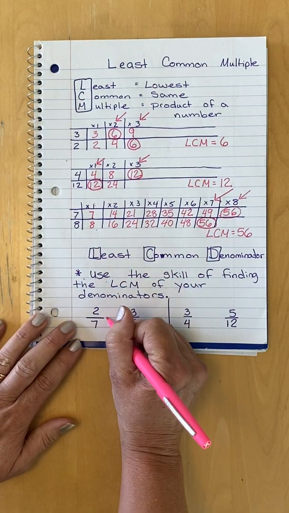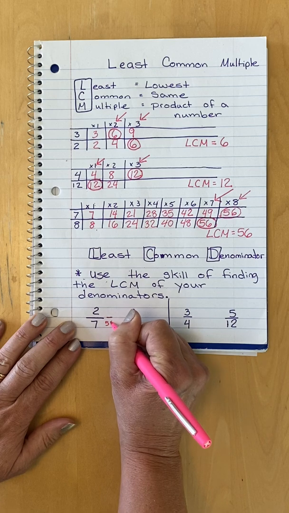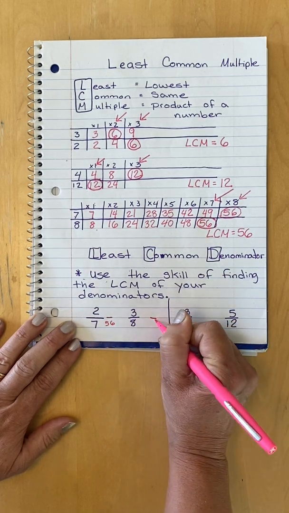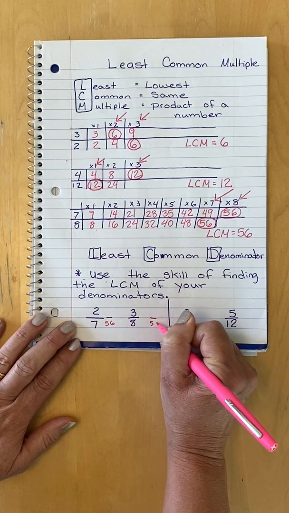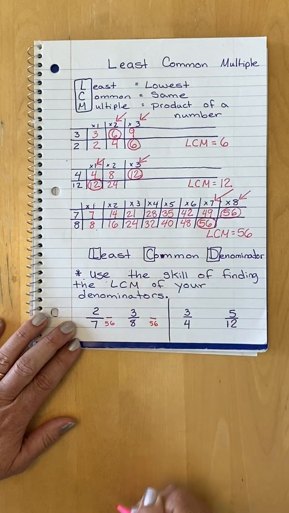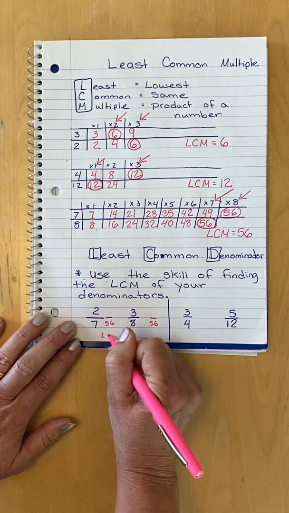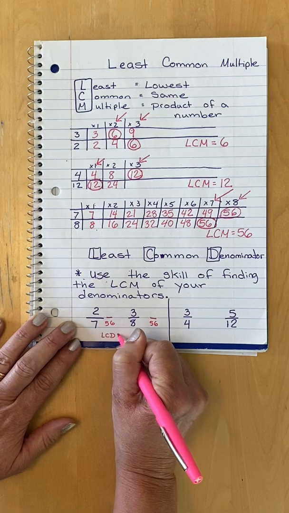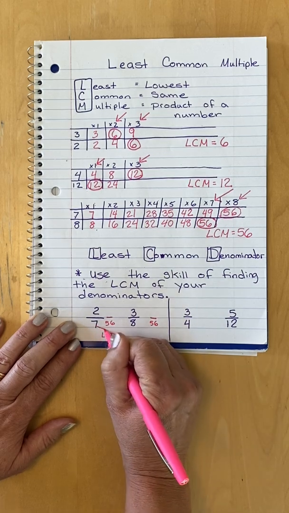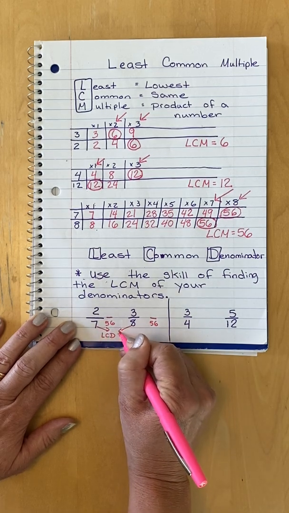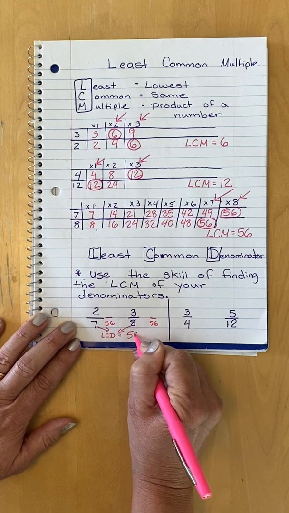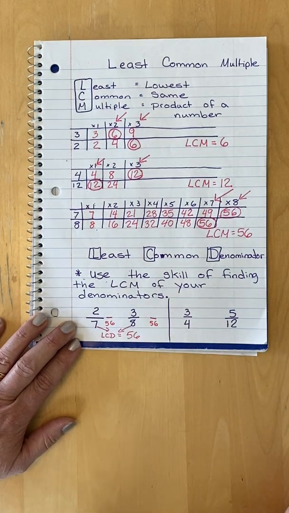So that means I'm going to have to change this fraction and this fraction to have the denominator of 56, because my LCD of these two fractions, this denominator and this denominator, is 56.